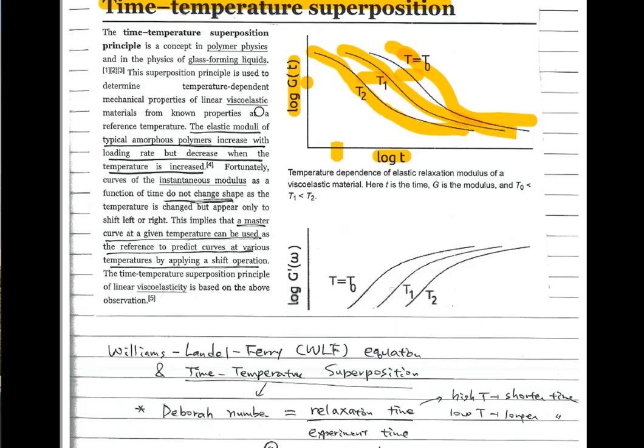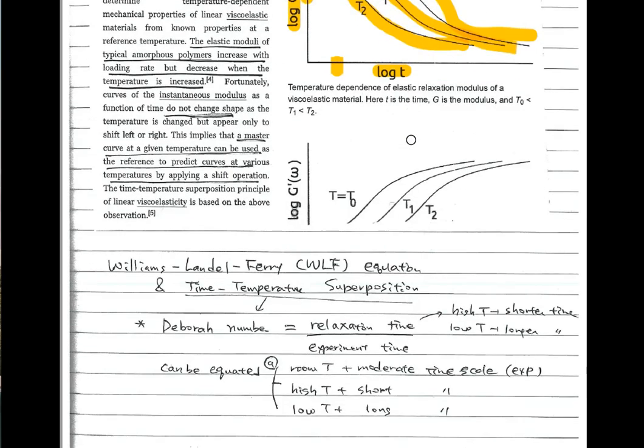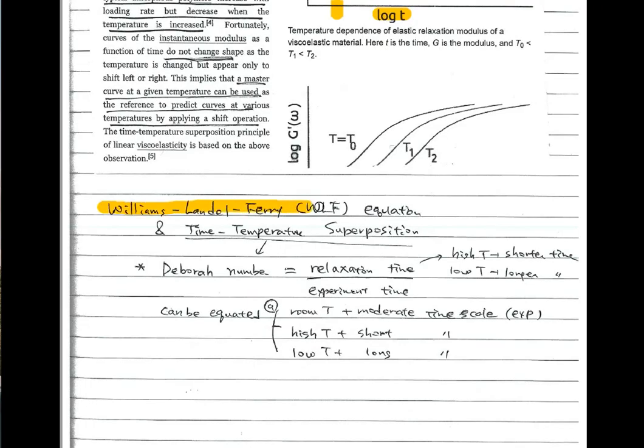You can get that information using an equation called Williams-Landel-Ferry, or the WLF equation. As I just mentioned, here is another variable called the Deborah number, which explains this time temperature superposition behavior of polymers. The Deborah number is defined as the ratio between relaxation time and experimental time.